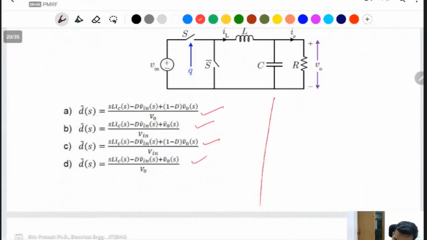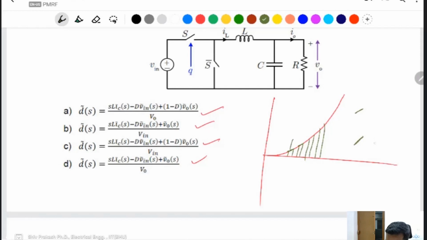If you have a non-linear quantity and want to linearize it, you take a small signal part. The total is non-linear, but you can convert it to piecewise linear. This part is linear, and this one is the small signal part.